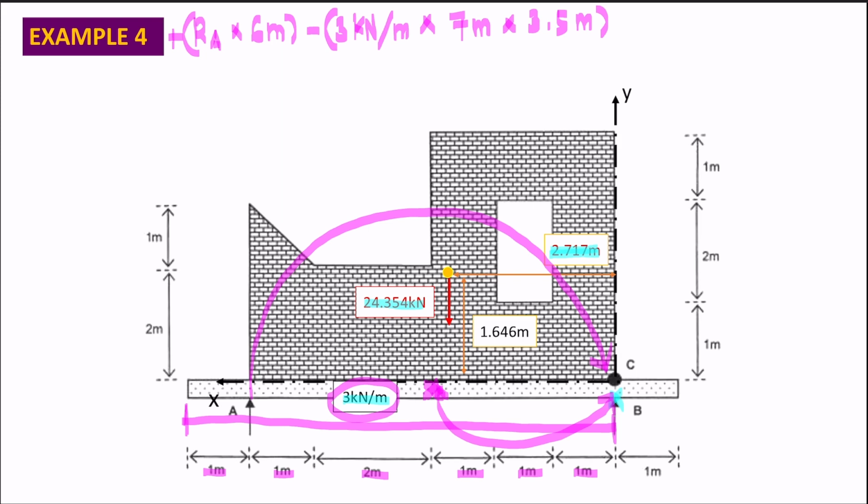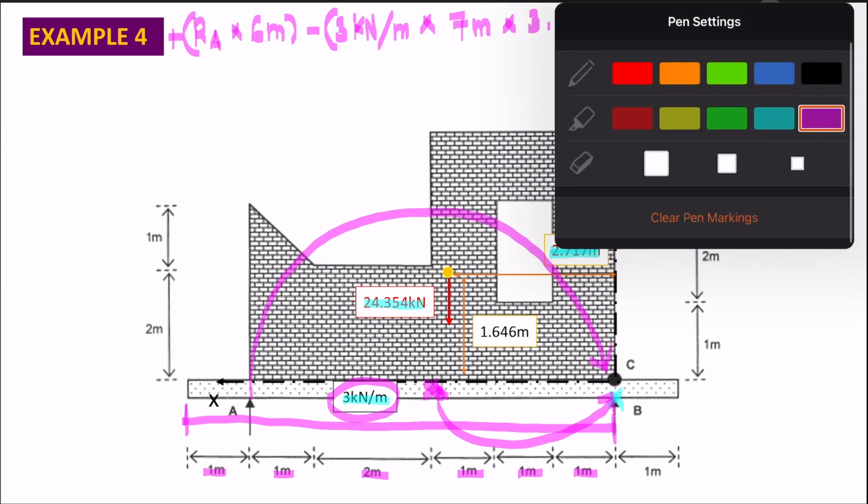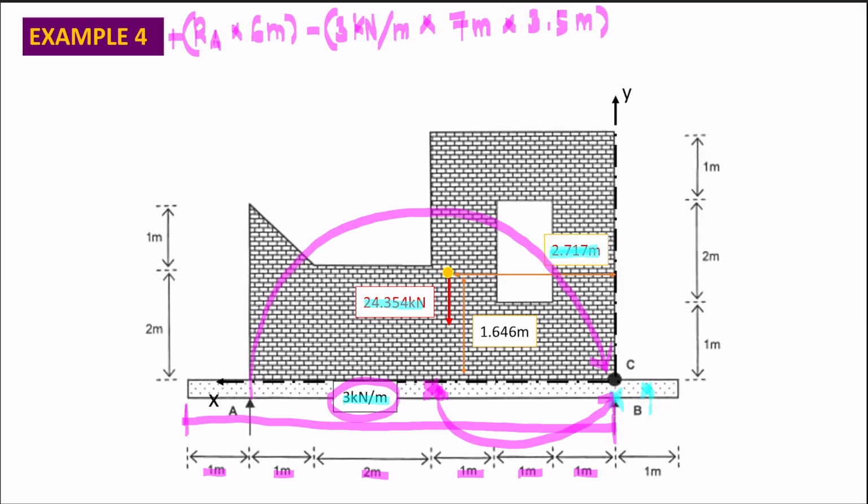Yang arah jam pun kita kena kira. Ini nak ke point B. We have 1 meter long beam, and dia adalah clockwise, so plus 3 kilonewton per meter times 1 meter, and you have to times the distance from the centroid to point B, which is 1 meter long beam bahagi 2, you dapat 0.5 meter.